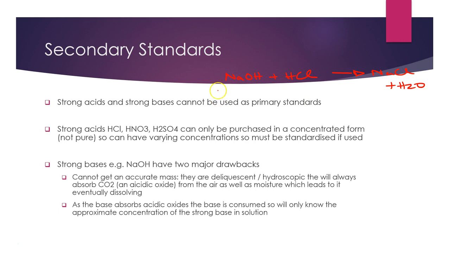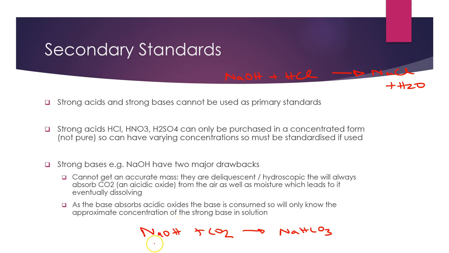Sodium hydroxide is a strong base and will react with carbon dioxide in the atmosphere. So if we store, or even while we're actually weighing out sodium hydroxide, it will be reacting with CO2 in the atmosphere to form sodium hydrogen carbonate, no longer sodium hydroxide. Okay, this can also form things like sodium carbonate over time.